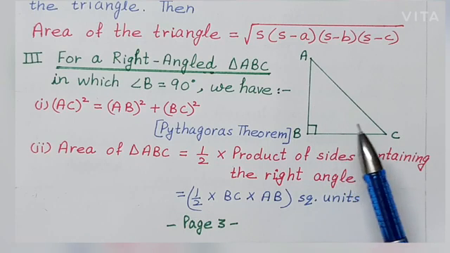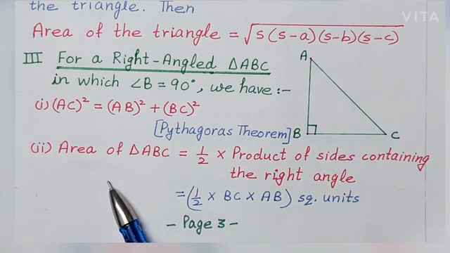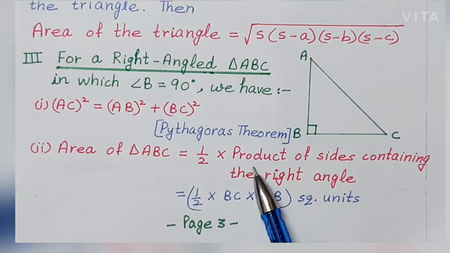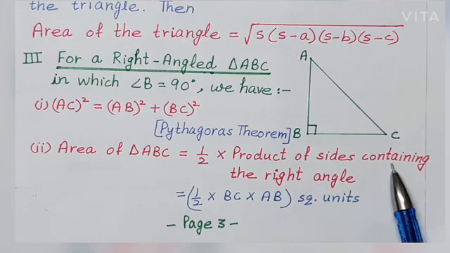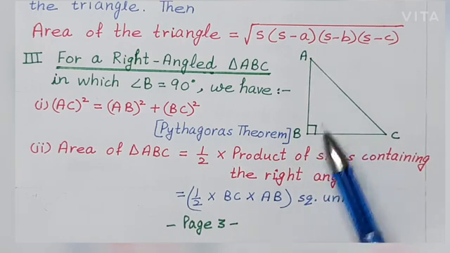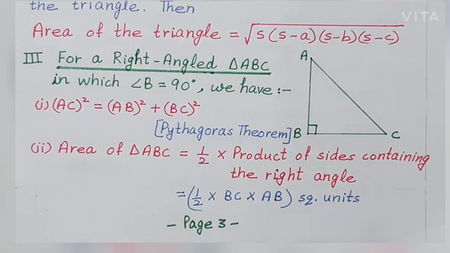And if we just have to find the area, then area of triangle is equal to half into the product of the sides containing the right angle, that is AB and BC. So these are the three methods to find the area of a given triangle.